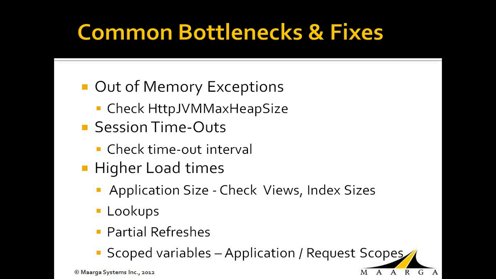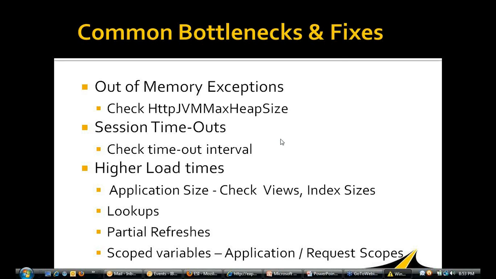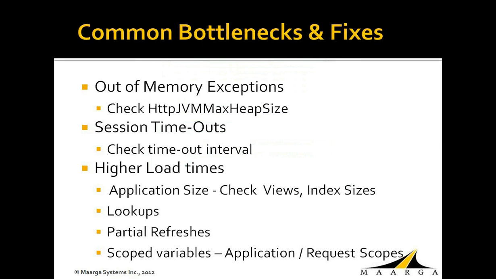That is the reason it is not able to take so much heap size like 1 GB or 2 GB. So these are the 2 places that we need to check the moment we receive an out-of-memory exception. After we set the things, once HTTP is restarted, we will see that out-of-memory exceptions do not come. And the other is the timeouts.